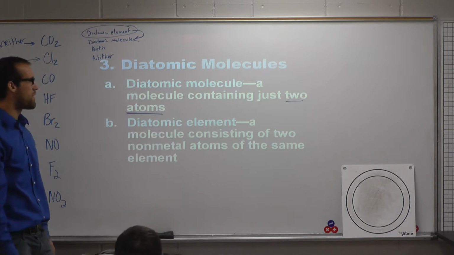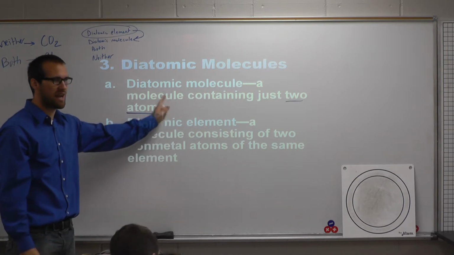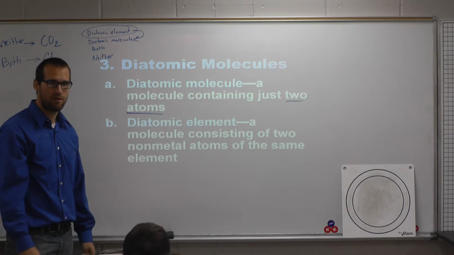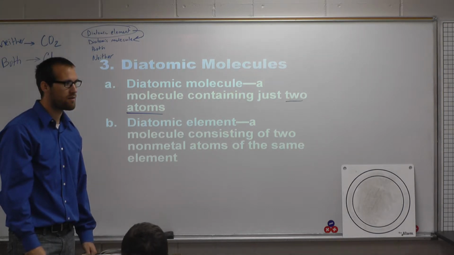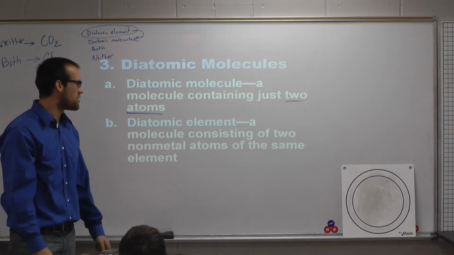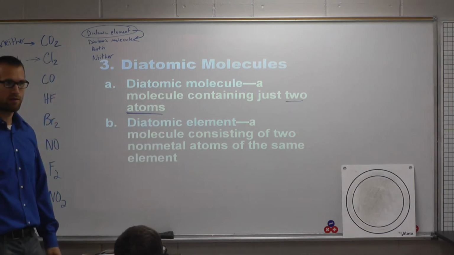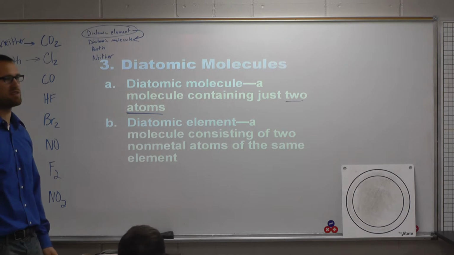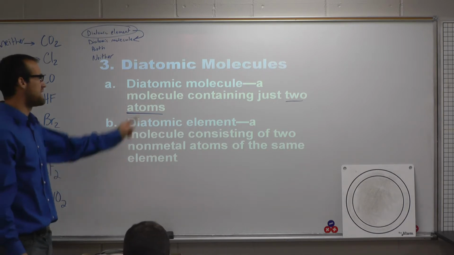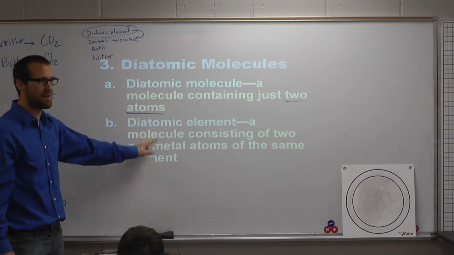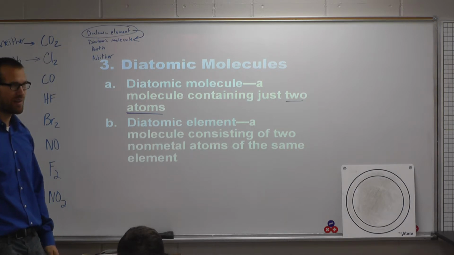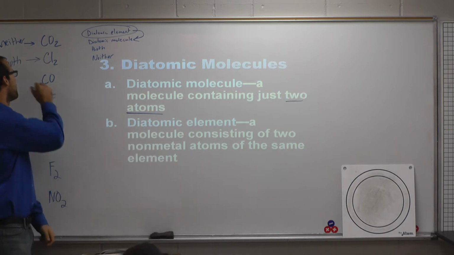There's no such thing as a diatomic element that isn't a diatomic molecule. If you're a diatomic element, you have to be a diatomic molecule. Does that mean diatomic molecules are always diatomic elements? No. Okay? Next one.